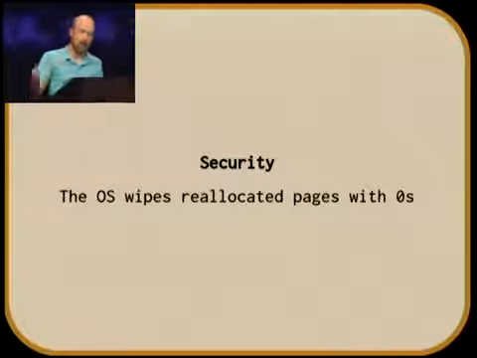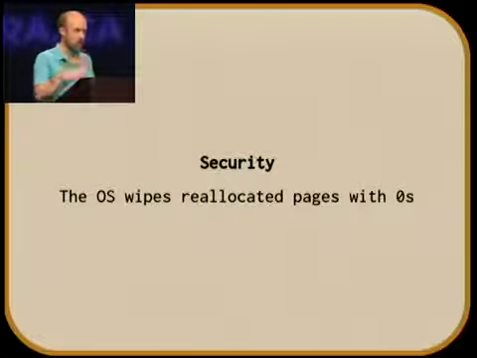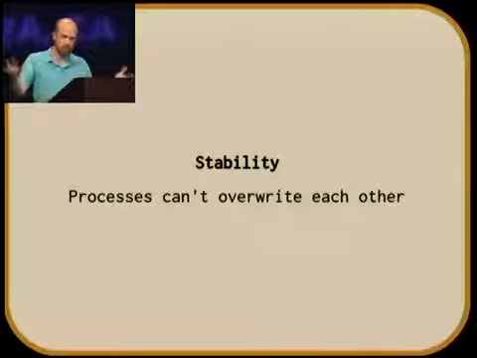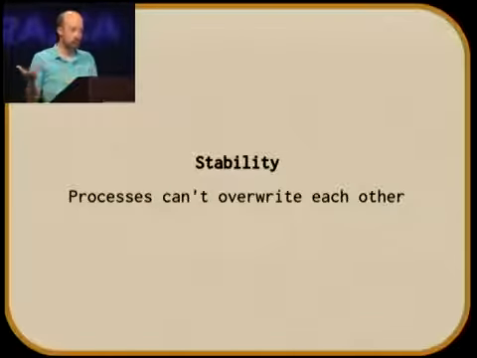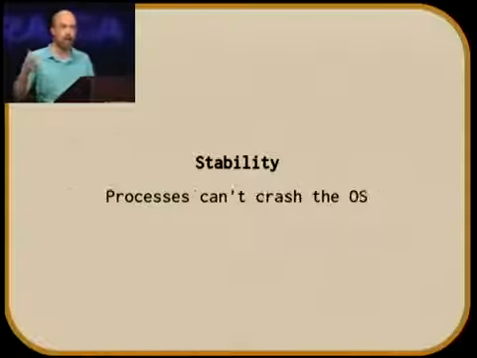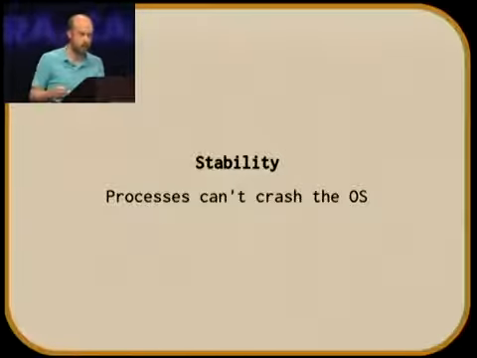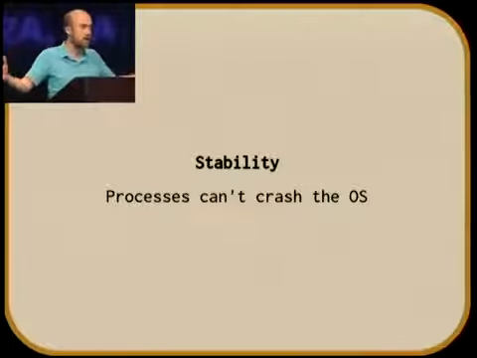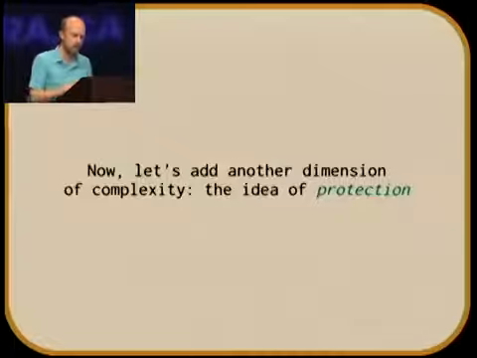And before the OS gives you pages that have been previously used, it wipes them with zeros so that you cannot learn passwords or other data that were there. And obviously this provides stability. You can't very much corrupt another process's memory or the operating system and cause a crash if you are not permitted to write to its blocks, because they're simply not even visible. They don't even exist to you because they're not in your page table.